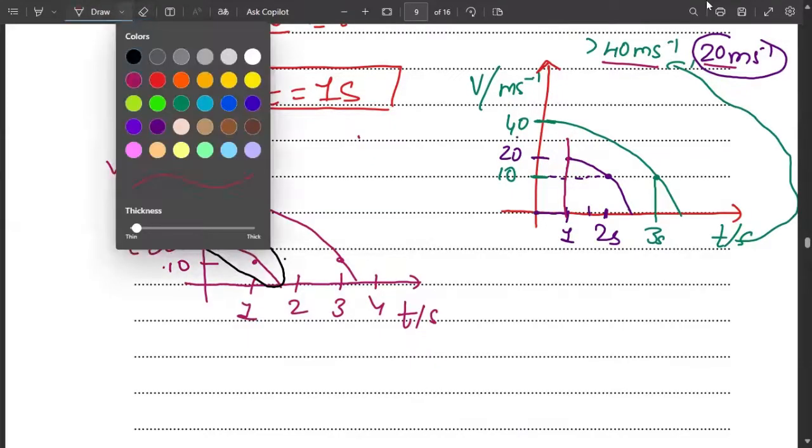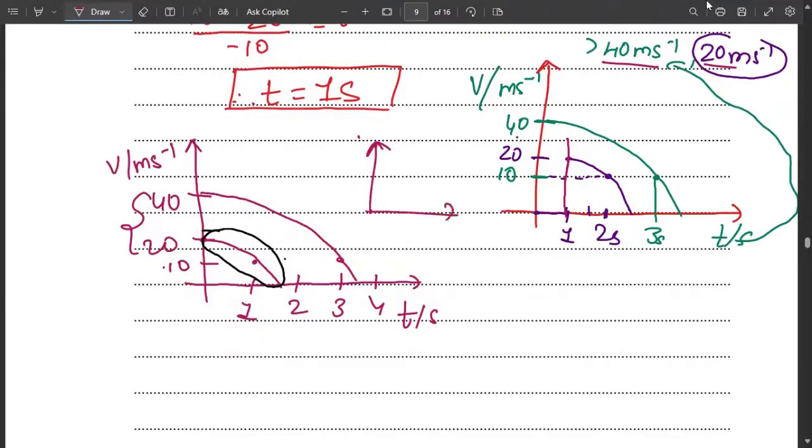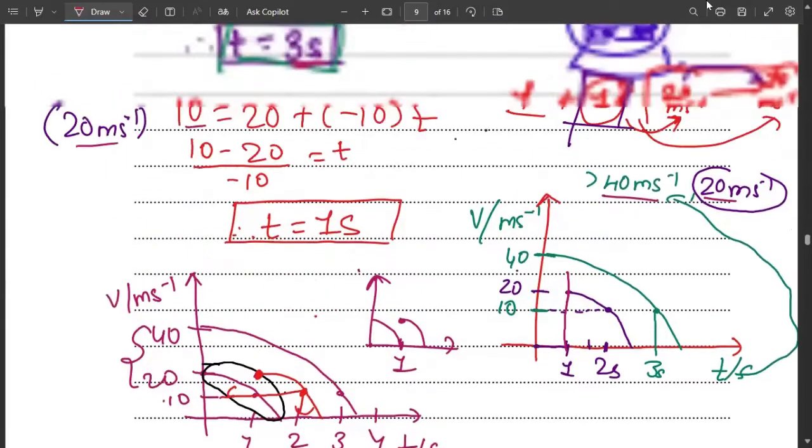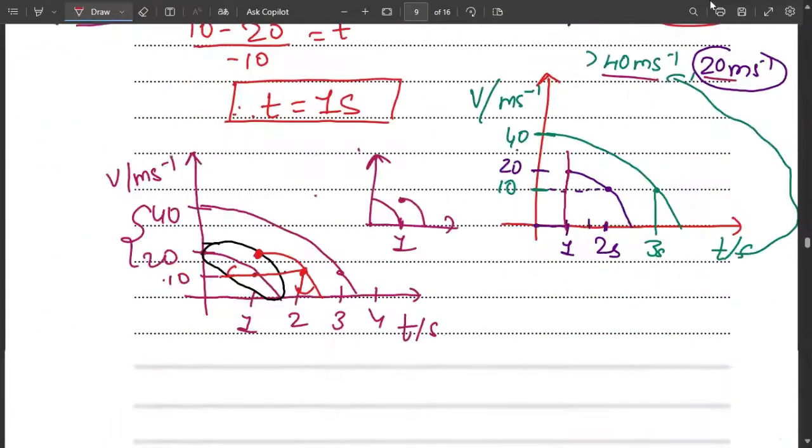What is drawn like this becomes something like this. If this is 1 second, the graph starts from here. It's the same graph, but translated. It will start somewhere from here and end somewhere here. It does not actually take 2 seconds, but on the stopwatch, the time will be 2 seconds.